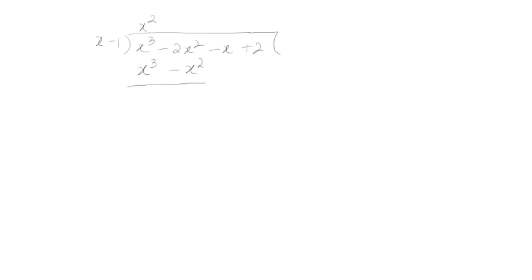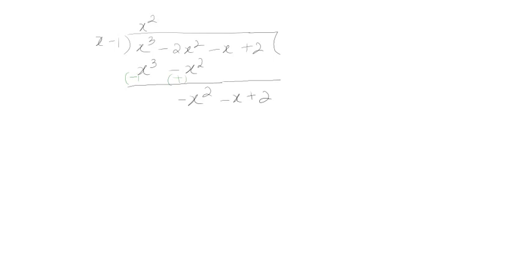Now I have to subtract it. So the signs will change, this will become minus and this will become plus. So this will get cancelled. So here we have minus x square. The rest, minus 2, I'll bring as it is.